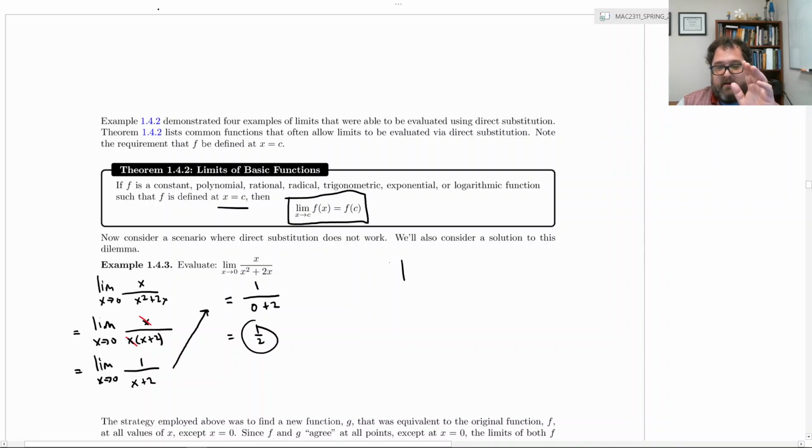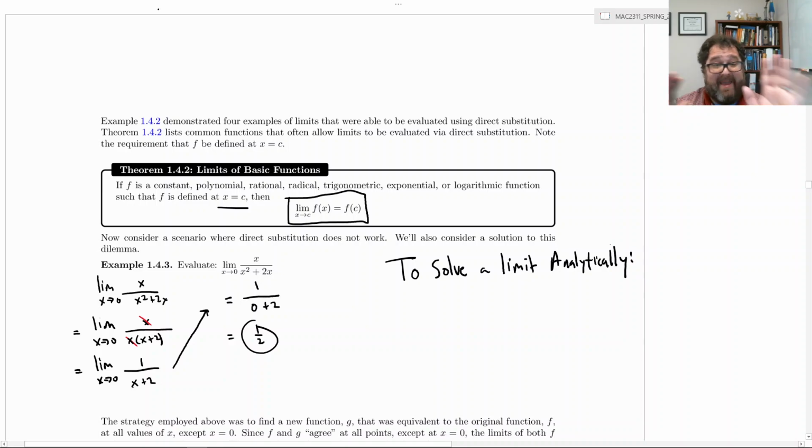So let me just summarize it for you really quickly. To solve a limit analytically, which is our main method for solving limits going forward, the basic idea: use algebra, or maybe trig. So let me back up because we will need trig sometimes.